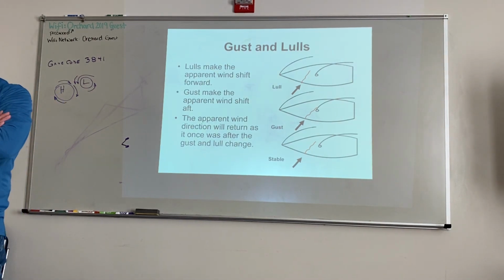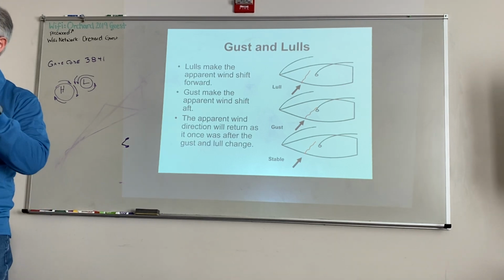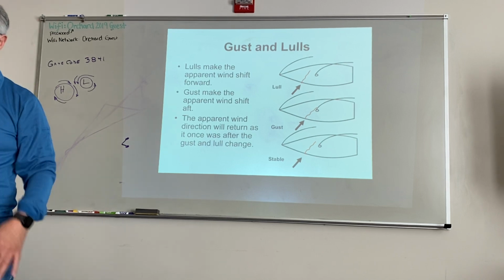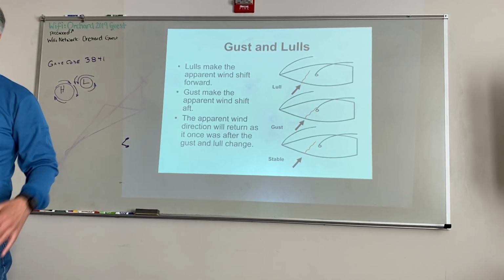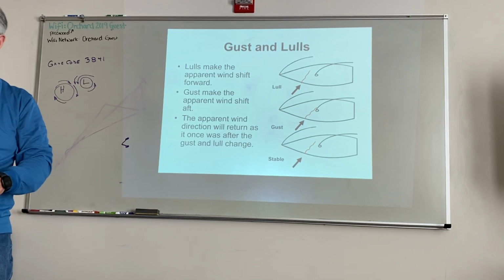All right, so if there's a lull, in other words, if the wind starts to die or slow down, the apparent wind's going to shift forward because the boat movement is going to cause more of the wind. If you have no wind and you're motoring, the wind is coming straight at you from the front.